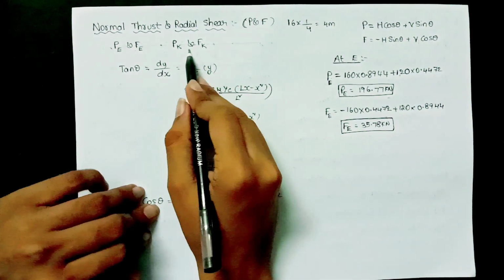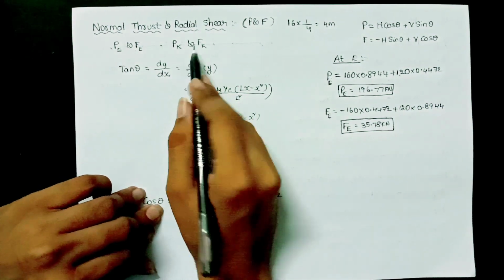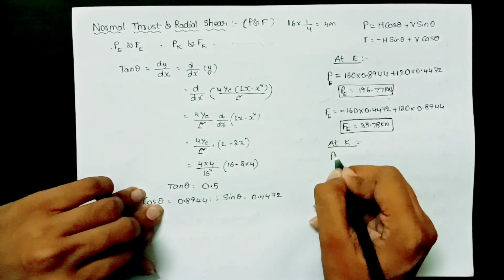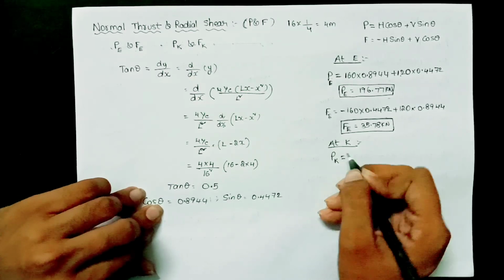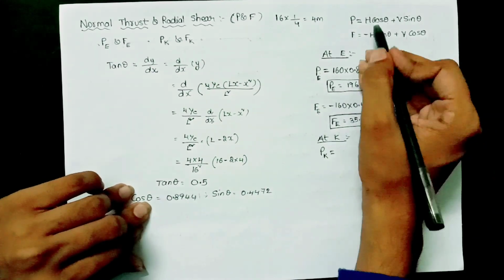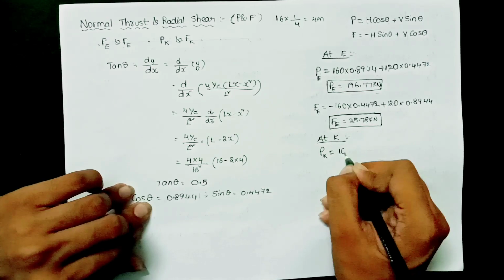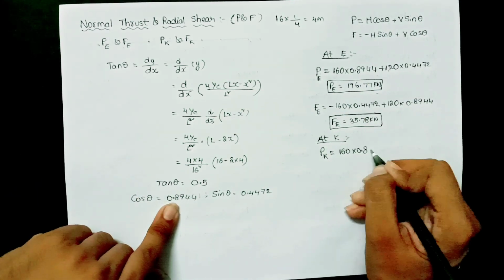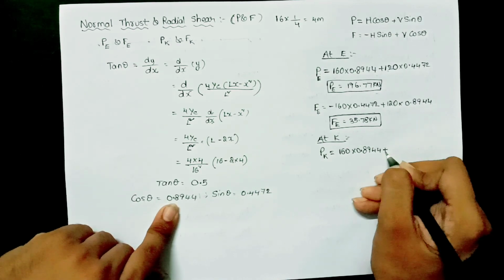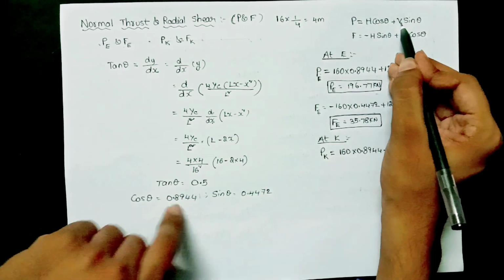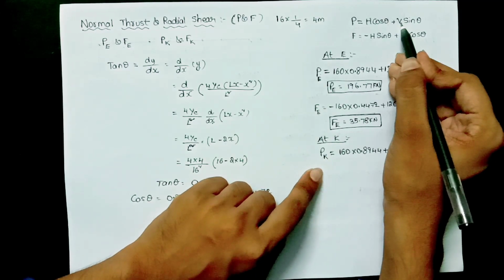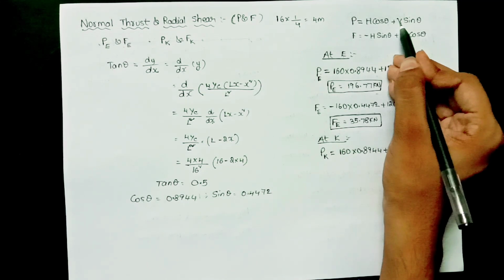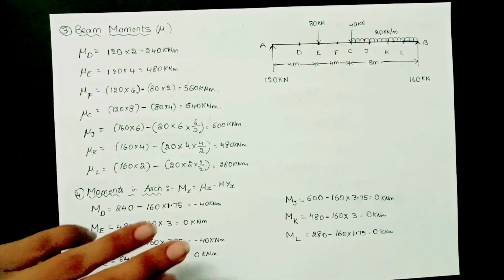Now I should calculate at the right quarter span point, that means K. At K, the normal thrust Pk equals H, 160 kilonewton, the same value, into cos theta, 0.8944, plus V, the shear force at the point we are taking. So we have to calculate the shear force at K, Vk.